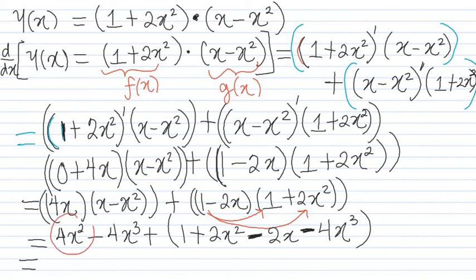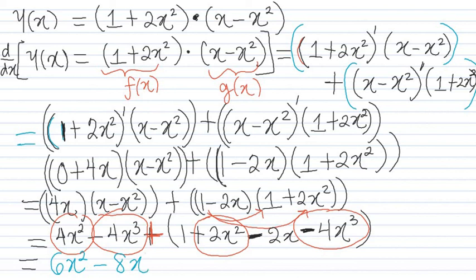So basically, we have 4x squared plus 2x squared. What's that gonna give us? That's gonna give us 6x squared. Okay. Next thing, negative 4x cubed plus, because there's a plus here in front of the bracket, plus negative 4x cubed, that's gonna give us negative 8x cubed.